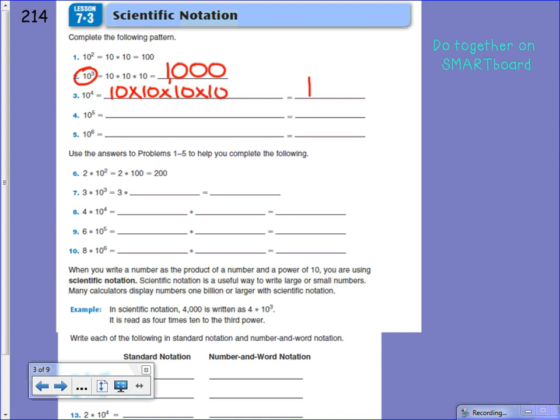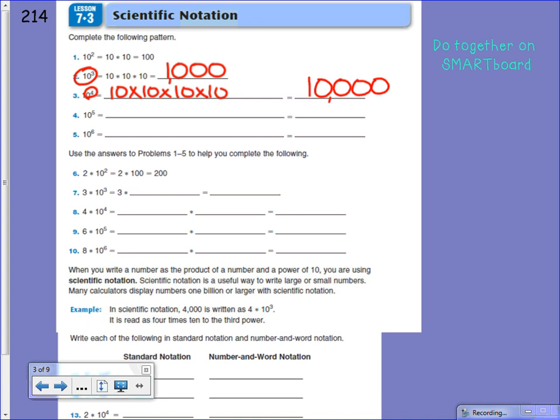How do you know how many zeros to put behind it? Look at your exponent, right? You're not multiplying anything. Your exponent's how many zeros you're going to have. So if this is 10 to the 4th, you're going to have 4 zeros.